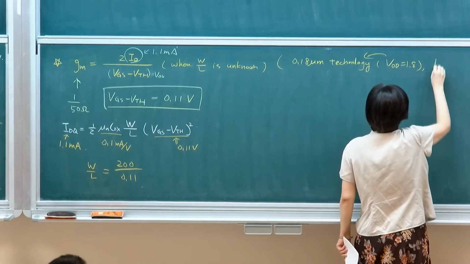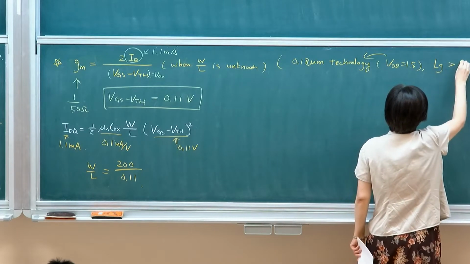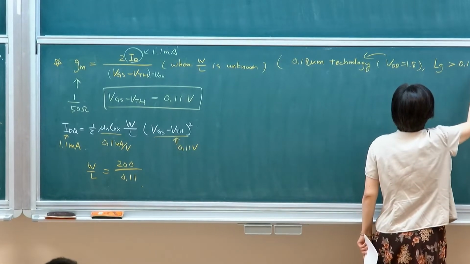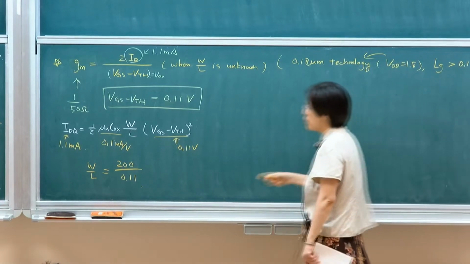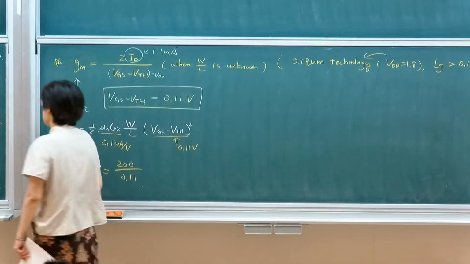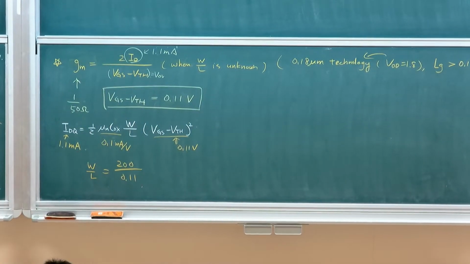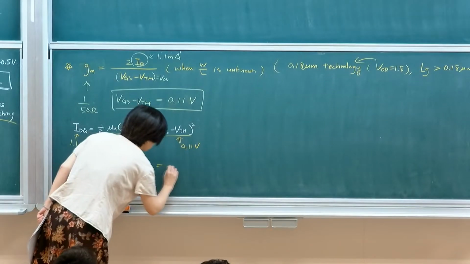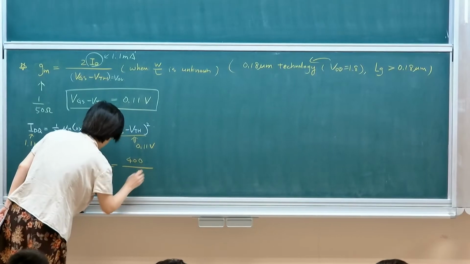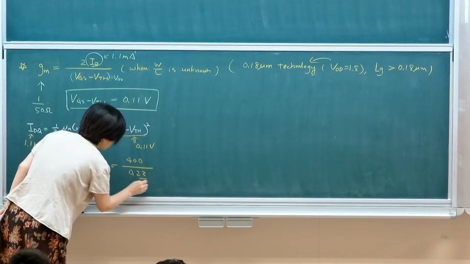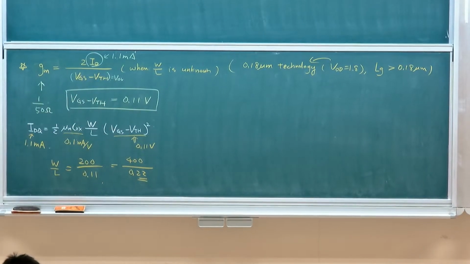This suggests that your gate length should be larger than that. So that is to say this is something that will violate the design rule because it cannot be made. Therefore, you could actually shift it to 400. So a better answer will be this. So this would then be larger than your minimum length. Okay?